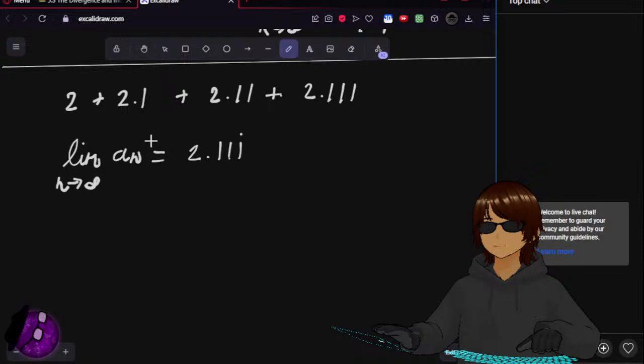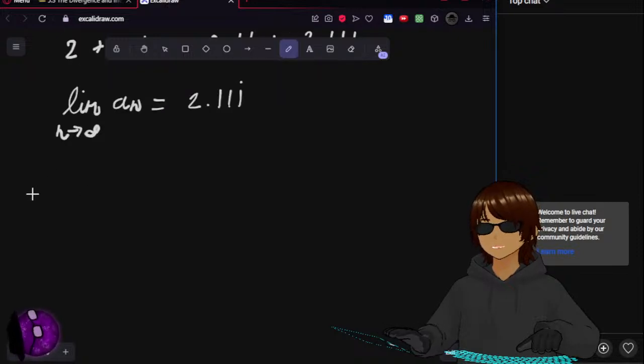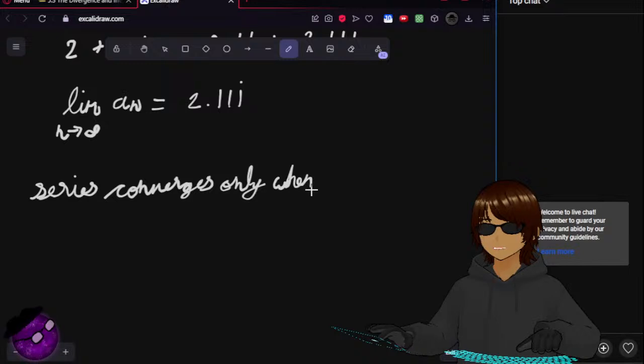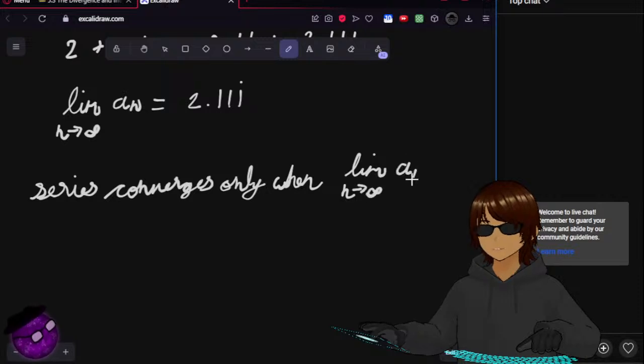So the only time a series converges is only when the limit as n goes to infinity of an is equal to 0.